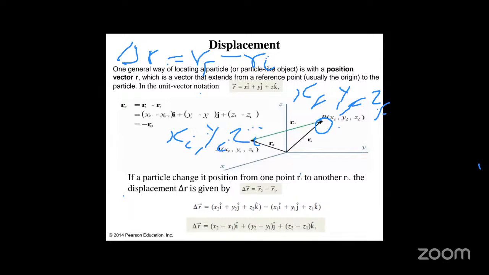So that will give us our position vector, or displacement, of the object.